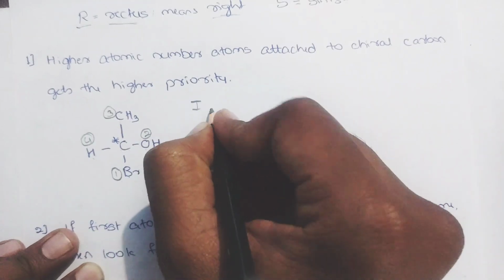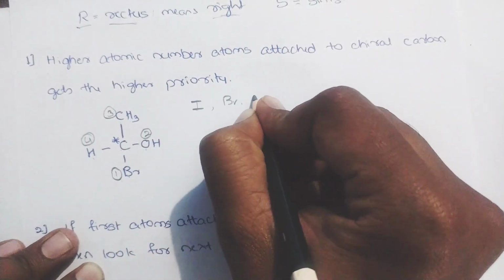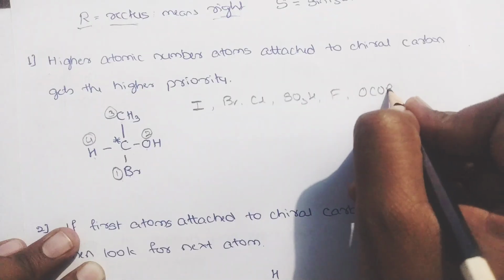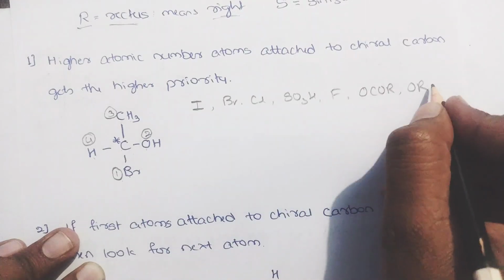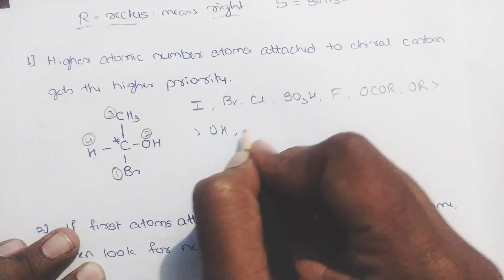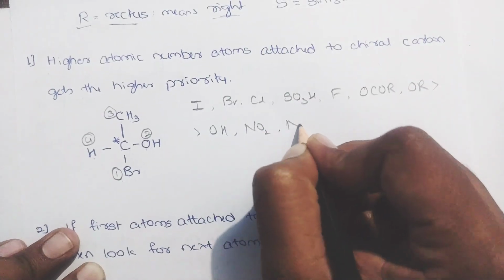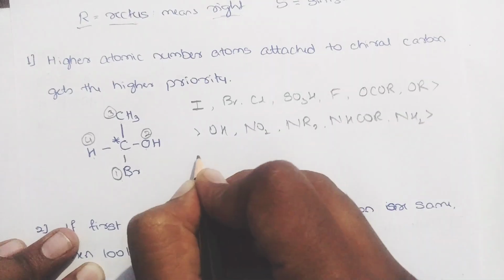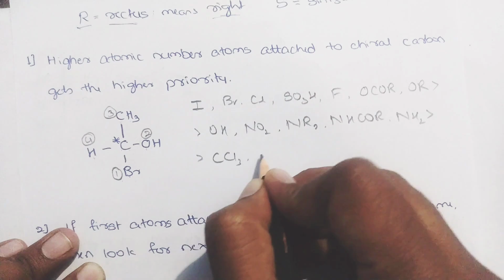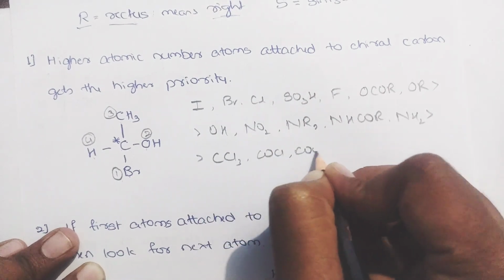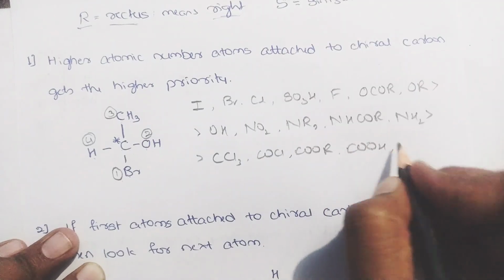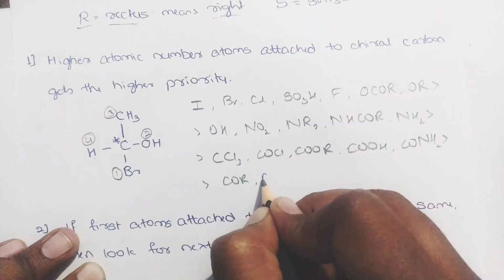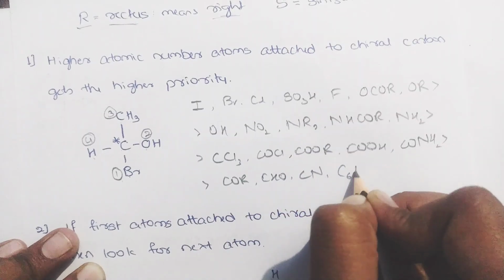Iodine gets the first priority, then Br, then Cl, and SO3H, then fluorine, OCOR, then OR, then OH, then NO2, NR2, NHCOR, NH2, CCl3, COCl, COR, COOH, CONH2, COR, CHO, CN, C6H5.